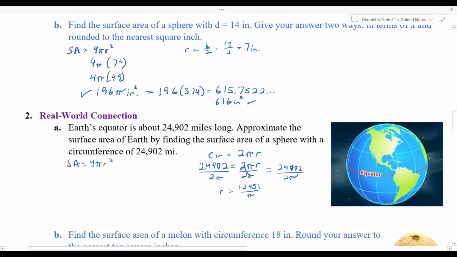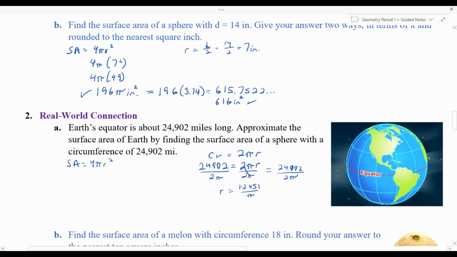Now, we go ahead and plug this into our formula right over there, okay? Now, you could go ahead and approximate this. I particularly do not like approximating just yet because I want to keep my rounding errors to a minimum, okay?